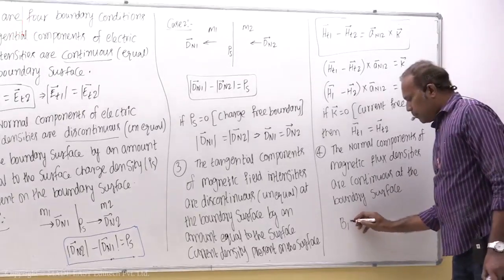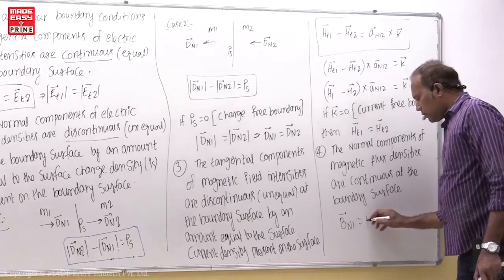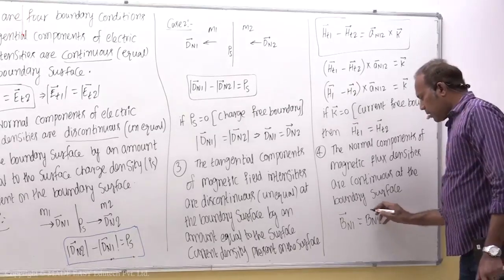That is mathematically Bn1 bar is equal to Bn2 bar.